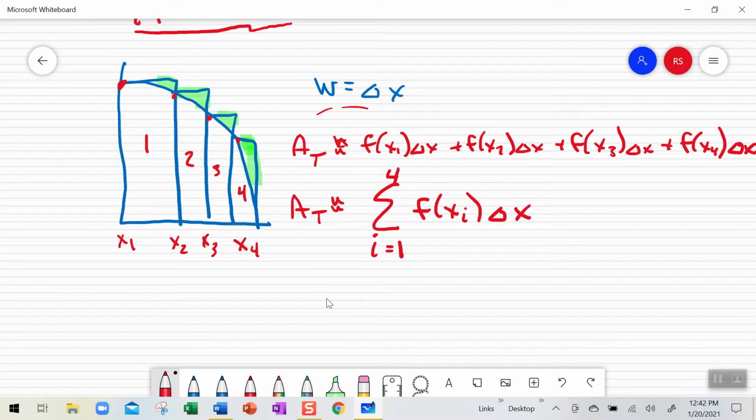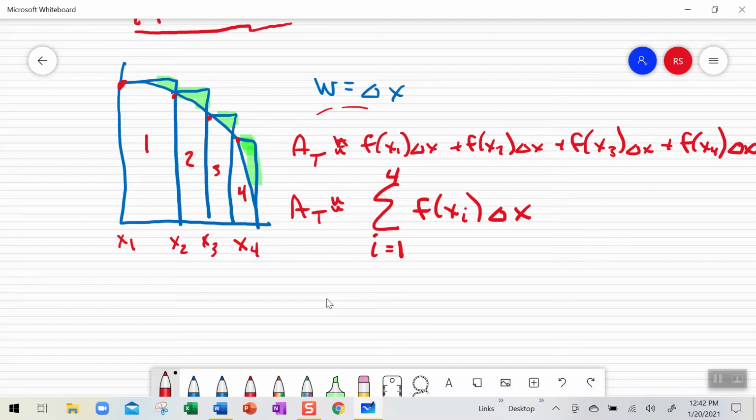Or what about 1,000 rectangles? With 1,000 rectangles, we're going to have a really accurate area under the curve. We're going to have very little excess area, very little of that highlighted green area. But there'll still be a little bit. So no matter how many rectangles we take, we're always going to have a little tiny bit of excess area unless we make the number of rectangles infinitely large.